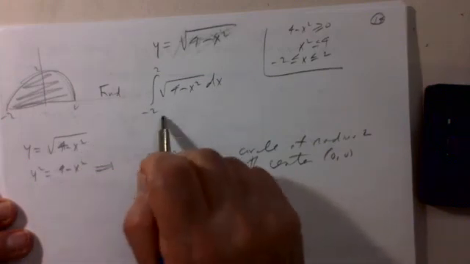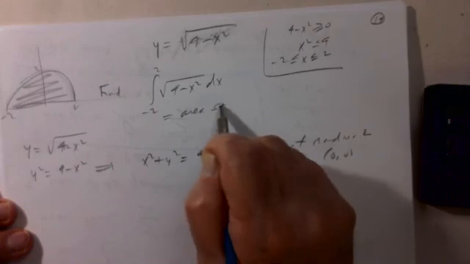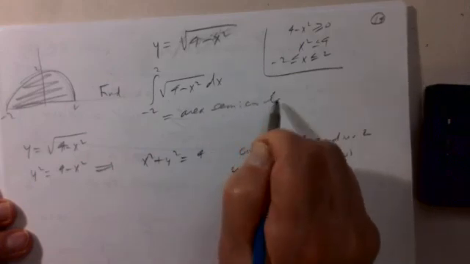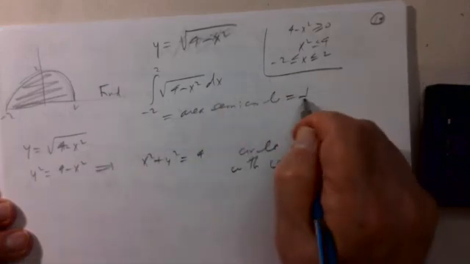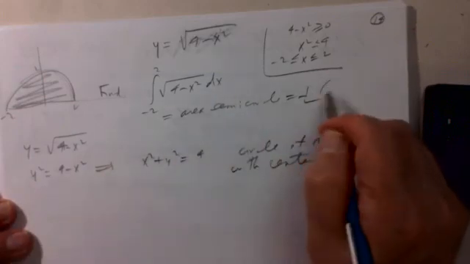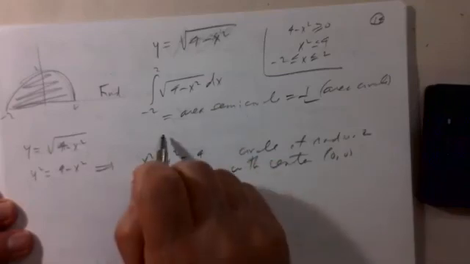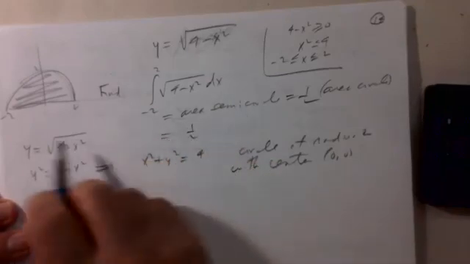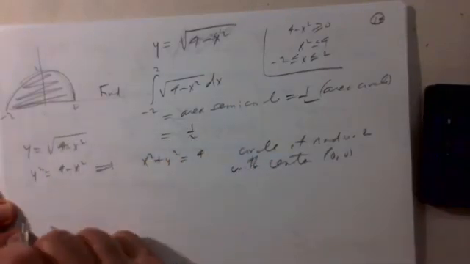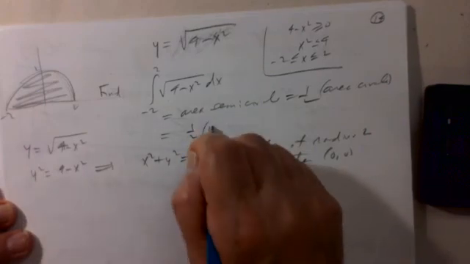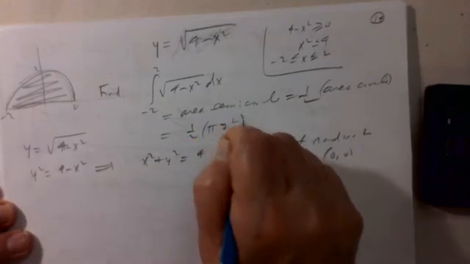So this integral is the area of the semicircle, which is half the area of the circle. Right? Two semicircles make a circle. What's the area of a circle of radius 2? Pi r squared, 2 squared.